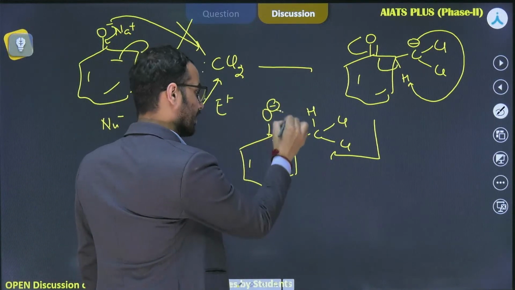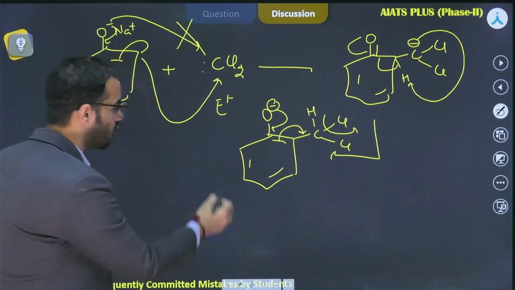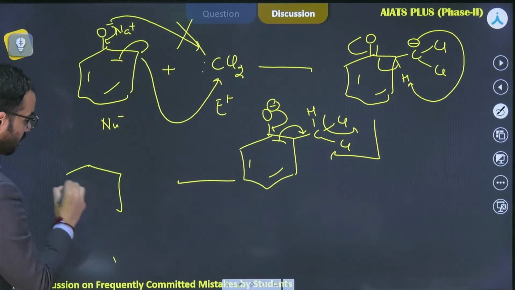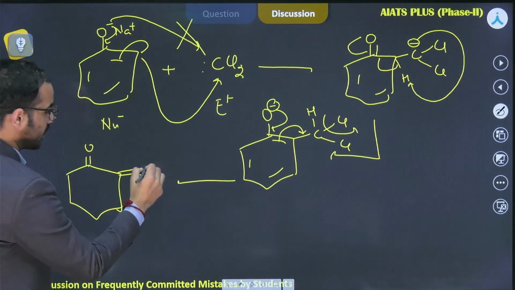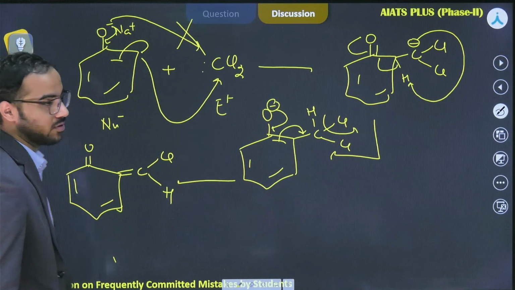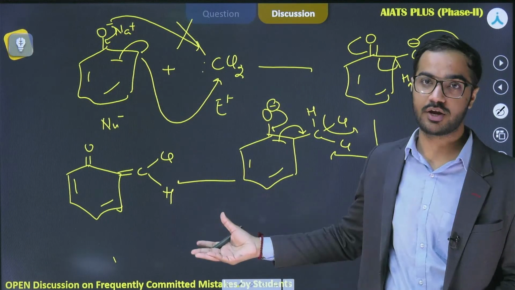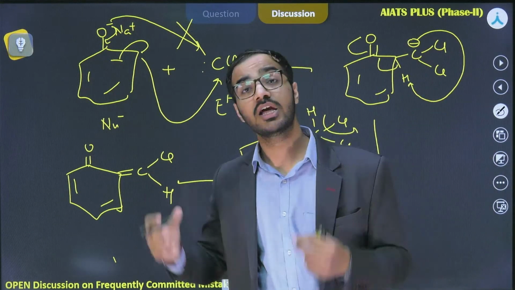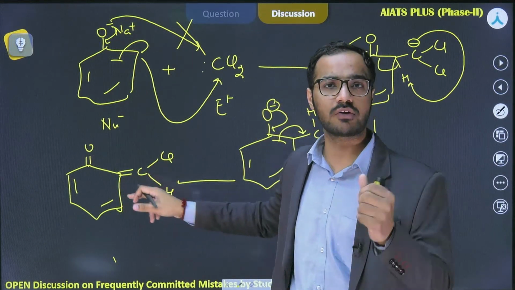And now what will be the case again? The O negative will come over again. This will go over here and Cl negative will be removed, and you will have double bond O, double bond C, here Cl, and H, double bond, double bond. We can also say that the aromaticity of the compound is already gone. So in order to come back again, there will be no hydrogen here. So what will occur?